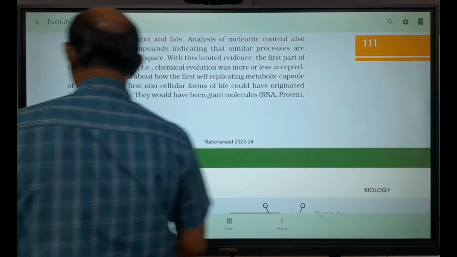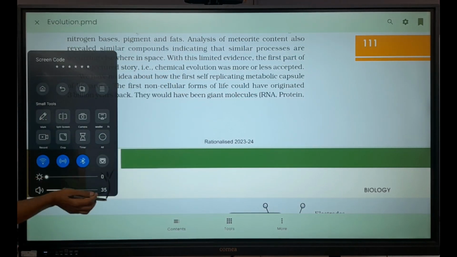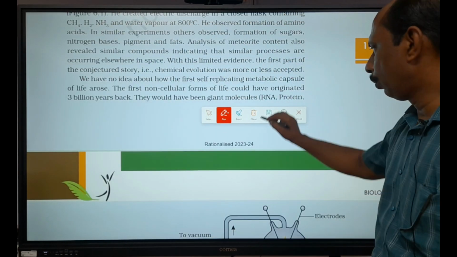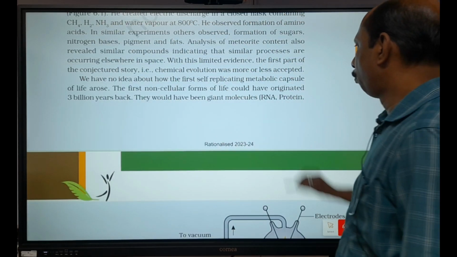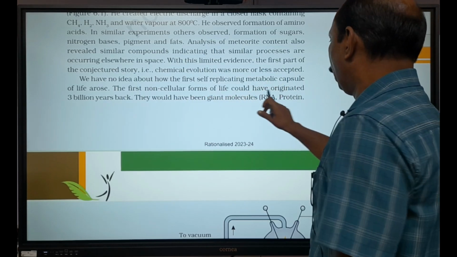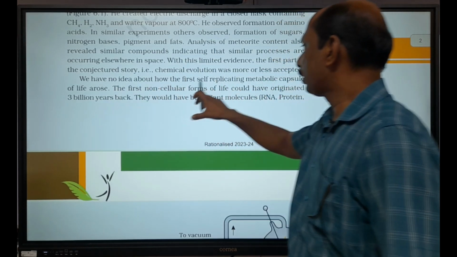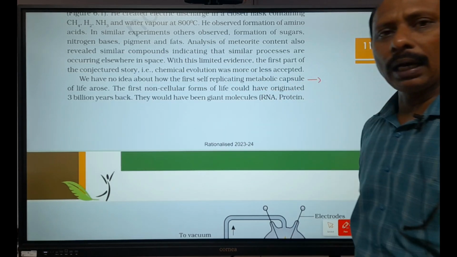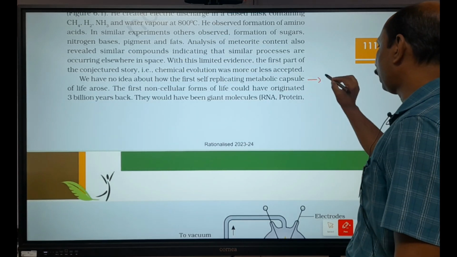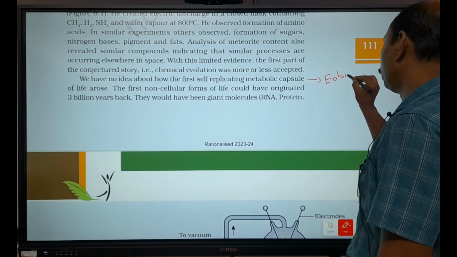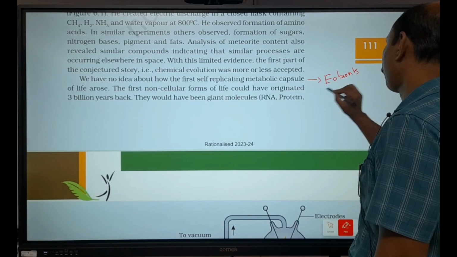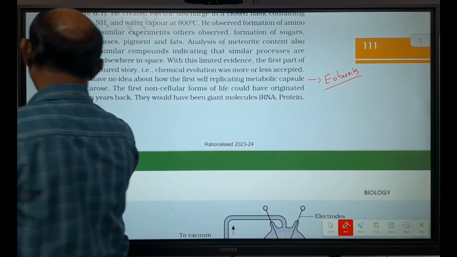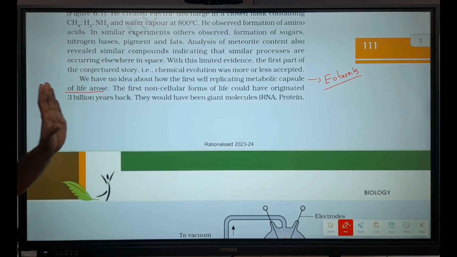When we consider the first non-cellular life form, replicating means who replicates? RNA replicates. That means here we are talking about the eobionts, capsules of life. That means they are viruses.